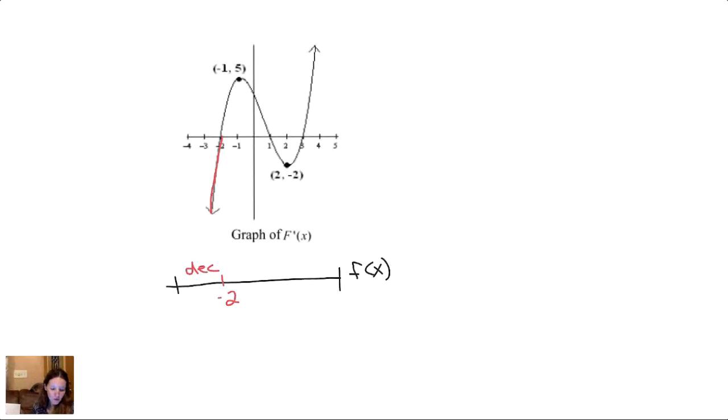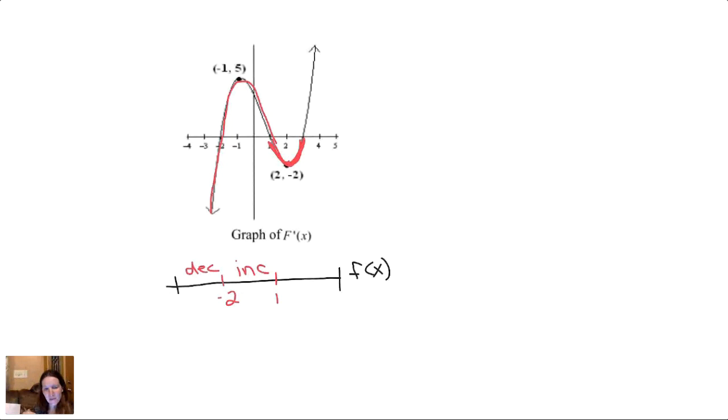From -2 all the way to 1, my derivative is now positive. It's above the x-axis. So f prime of x is positive. So f of x is going to be increasing. And then starting at 1 all the way to 5, my derivative again is negative.